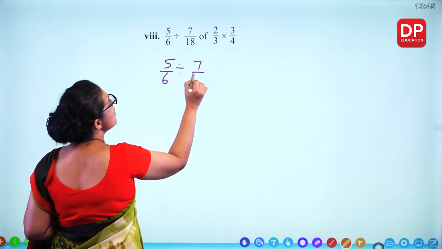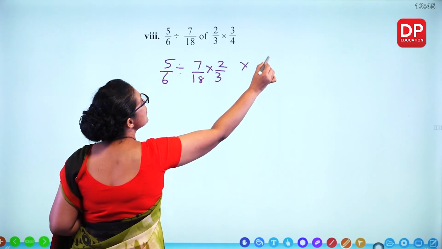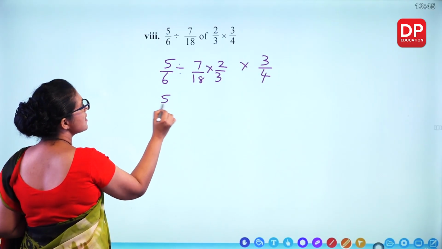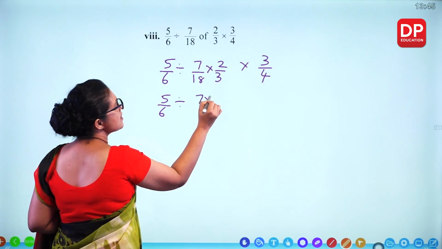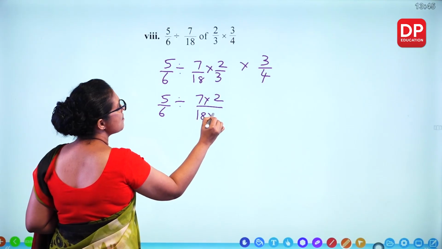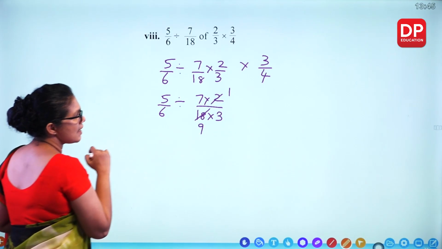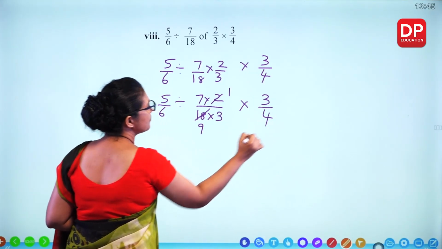That means 7 over 18 multiplied by 2/3 into 3/4. 5 over 6 division. I can write 7 times 2 over 18 times 3. 2 times 1 and 2 times 9. And here you get 3/4.